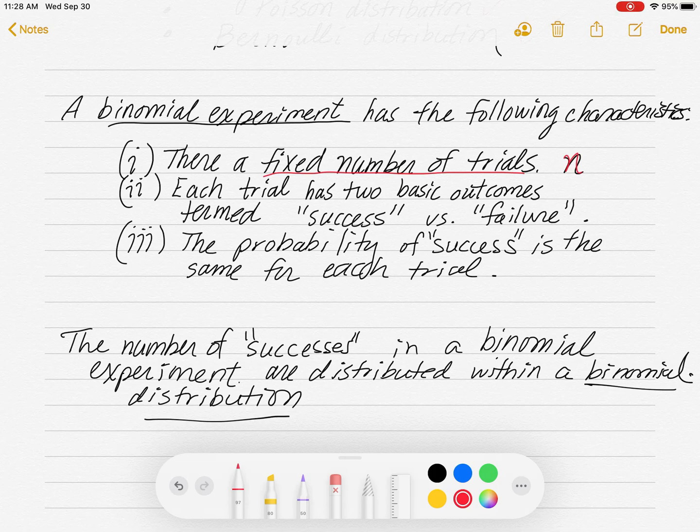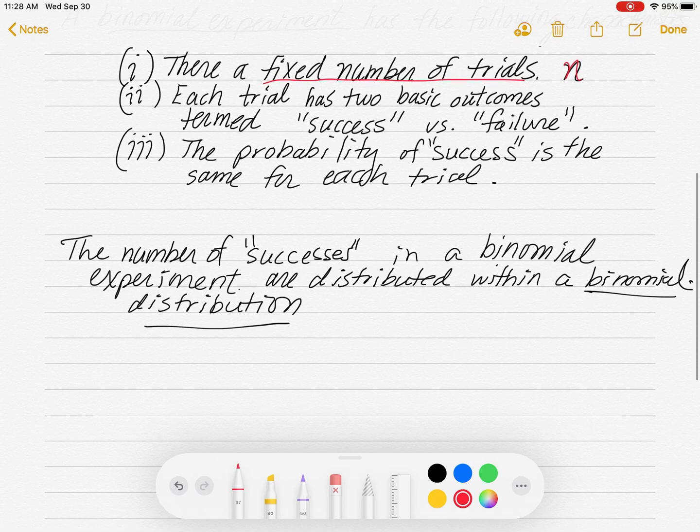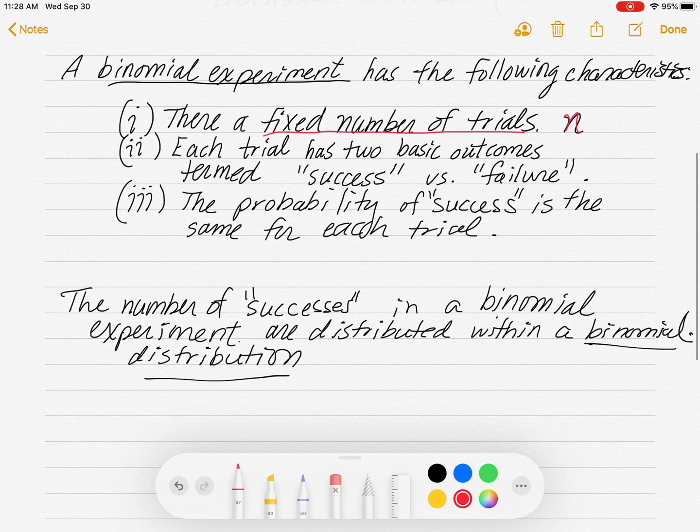In the case of drawing a card, maybe a success would be getting an ace, and failure would be everything besides an ace. So that's the second big criteria. You have to have 2 basic outcomes: success, what you're interested in getting, and failure, what you're not interested in getting.